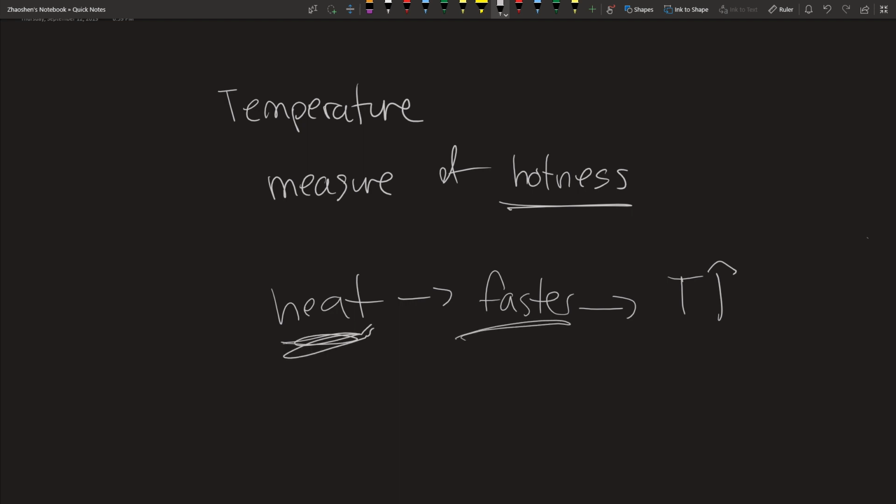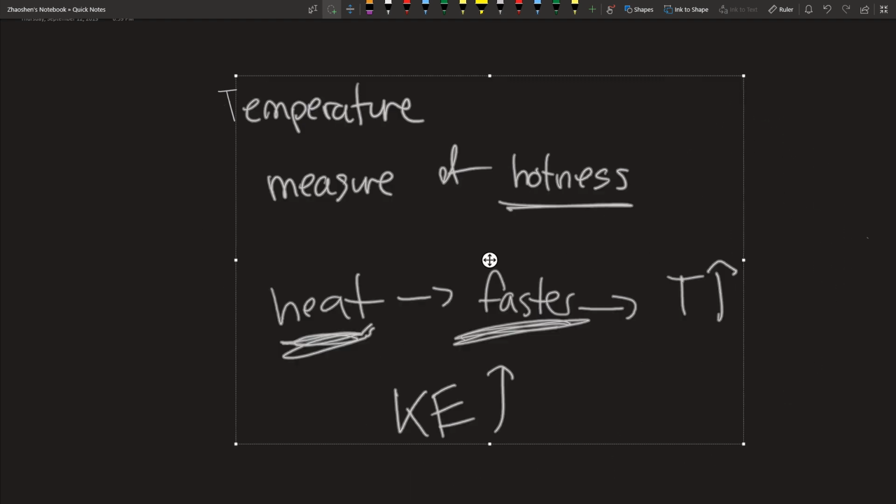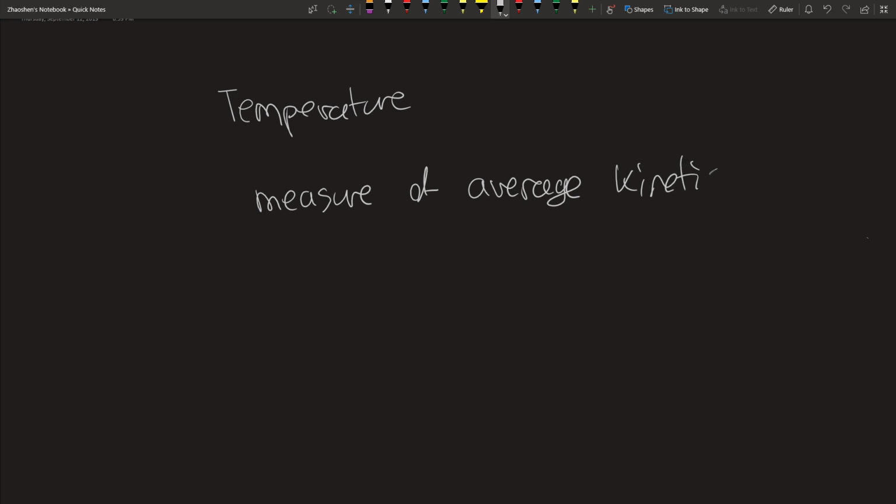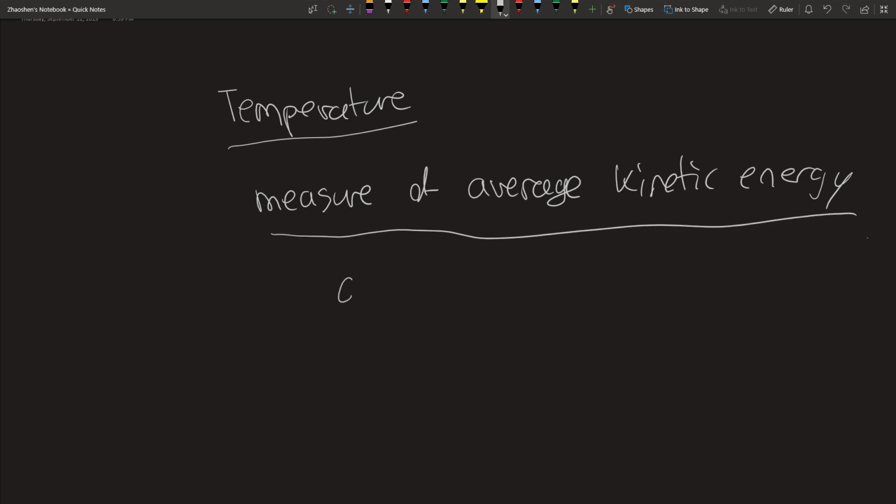Because the particles move faster and their kinetic energy increases. So the more scientific definition is that temperature is a measure of the average kinetic energy of the molecules of the substance in question.